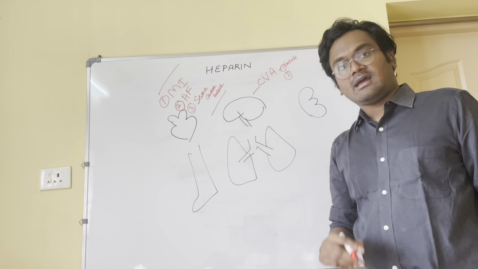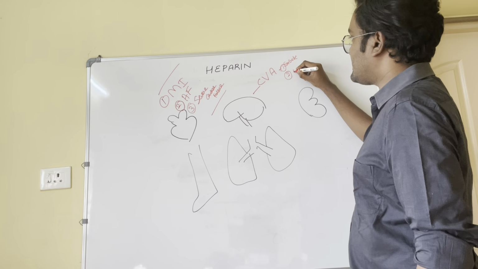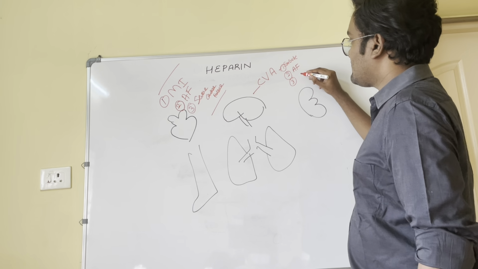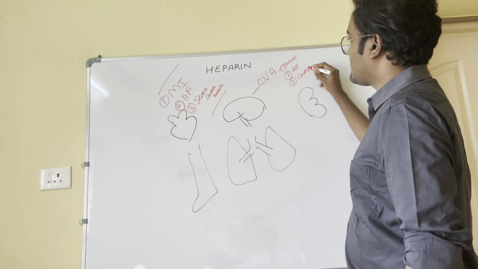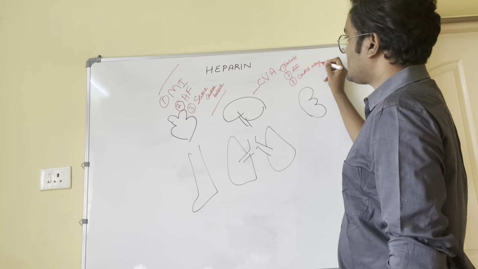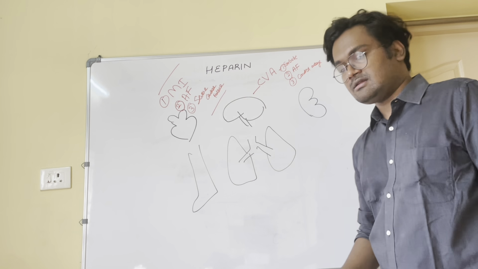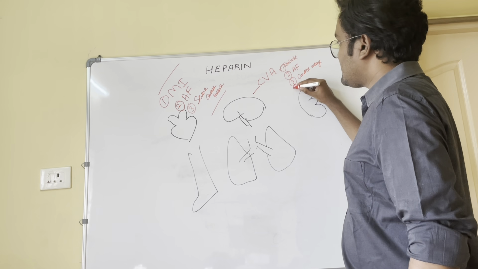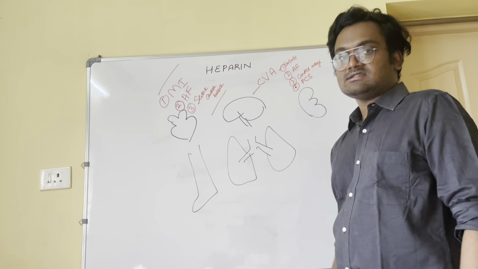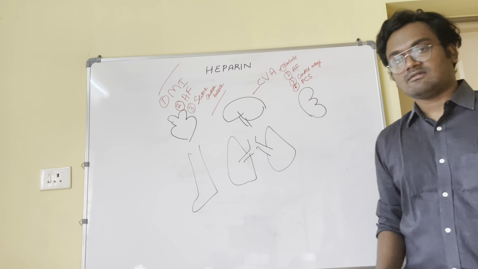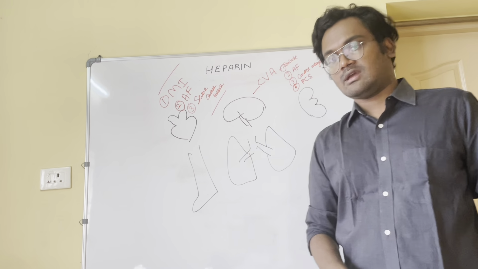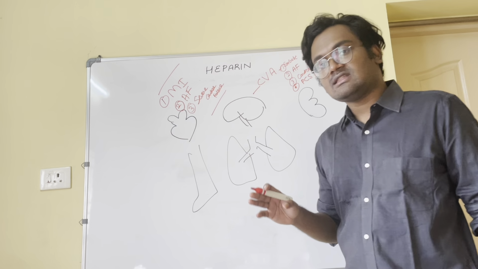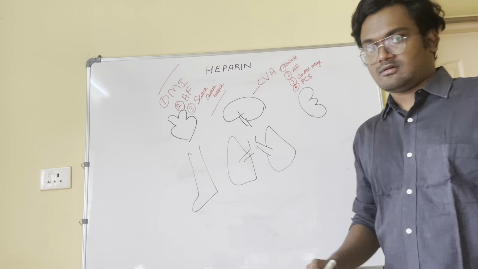Also in carotid artery thrombosis, when the main vessel gets occluded, and in posterior circulation stroke. So these are the conditions where in CVA you give heparin.